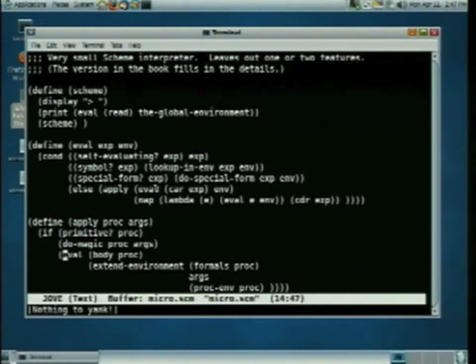But as it is, after read has done its work, the program that we see actually isn't full of parentheses. It's full of box and pointer diagrams, because that's what read gave us. Read is the thing that translates the characters you type, those parentheses and things, into box and pointer form. And then eval is the thing that takes that structure of boxes and pointers and assigns a meaning to it.